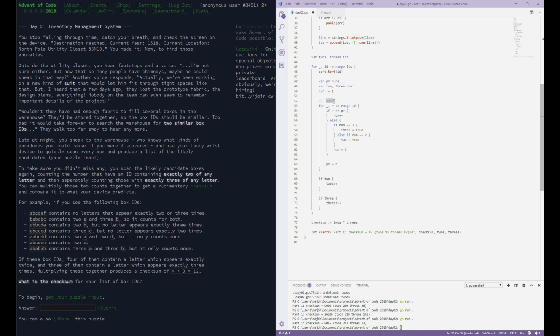If we were at, say, that position, run would have been 2, then 2 is true, we reset that and go forward. If this ID had any 2, doesn't matter, so this still just increments the 2s one time, which as I read the problem, is how I understood it. You should only increment it one time. Same for the 3s. And then the checksum is just to multiply those together, I think.